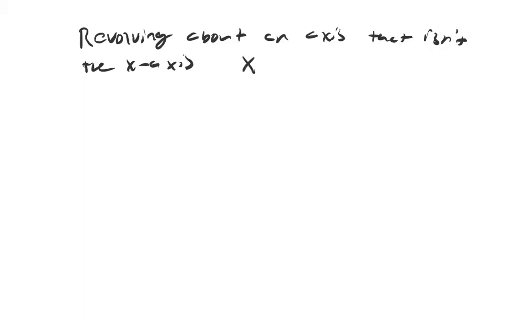So let's say x equals a. Then the way that I get my radii is I'm going to do a minus the y value is going to be my radius. That's pretty general.